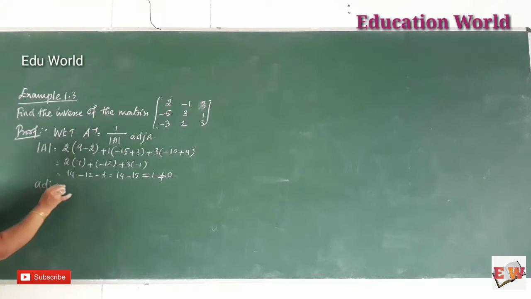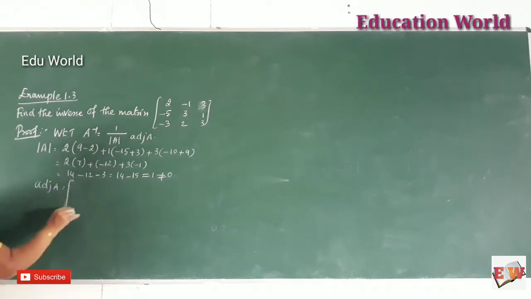Adjoint A means, we know the formula for this also. We have to find the minor of the matrix of the entries.